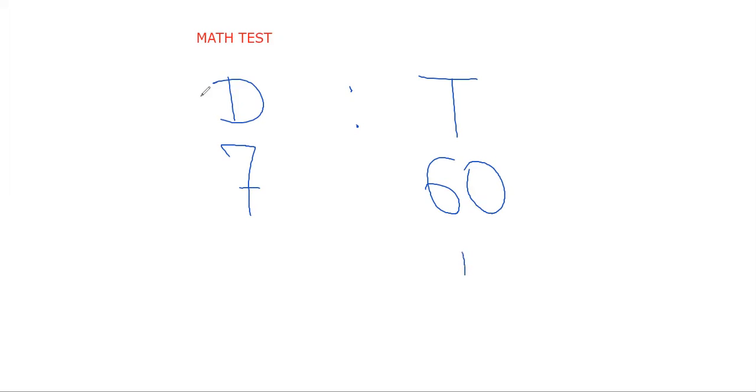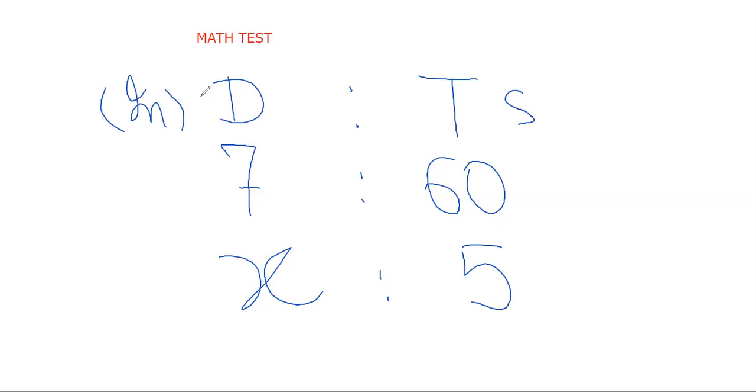Now the time is 5 seconds and the distance is, let's suppose, x. So there are two things, a ratio. That is inches, and this is called the second, time in seconds. It's a very tricky way just to get the answer.